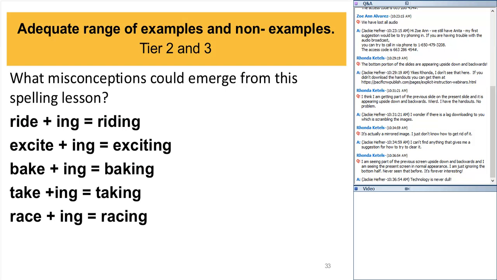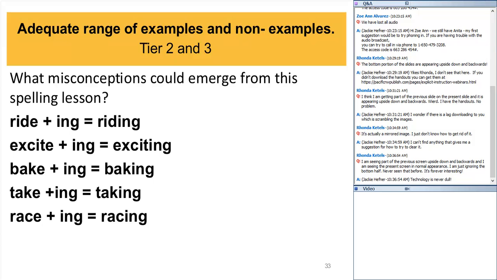Okay, here are some that I'm thinking about when I looked at this in a spelling book. First of all, they do at least have single syllable and two syllable root words. Okay, so there's a slight variation, but all the endings are ing. So easily they could think, okay, I'm going to use this whenever I am adding ing.